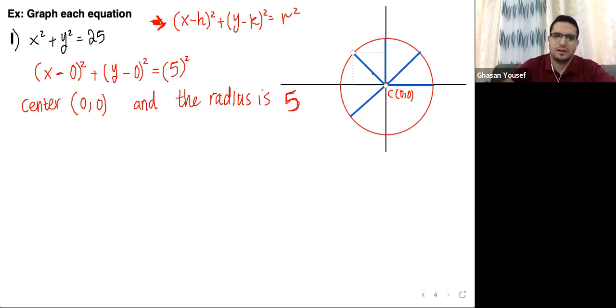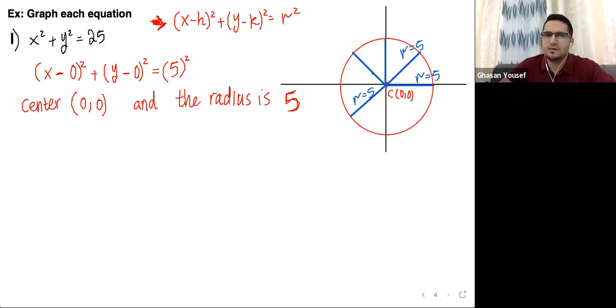So the radius here, r equals 5. Here r equals 5, and the same thing, r equals the radius, r equals 5.